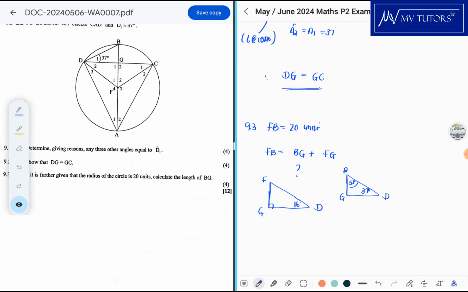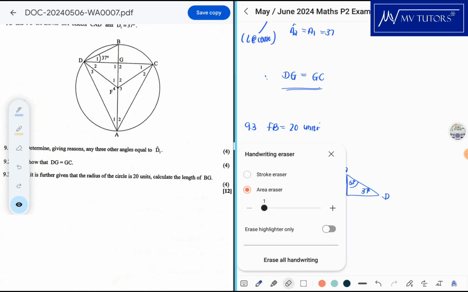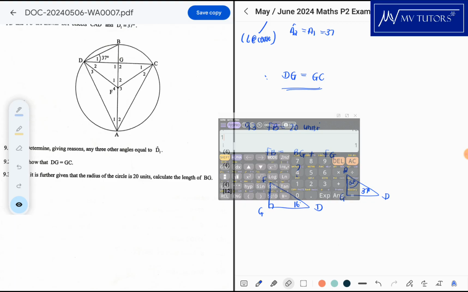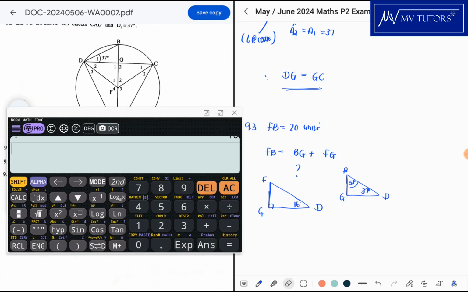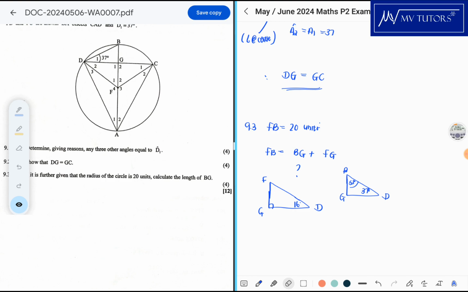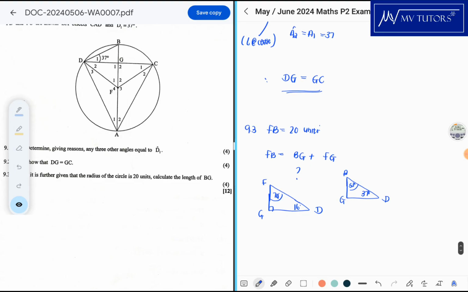So if this is 16, then I know that F has to be, sorry, 74. Yeah, so 90 minus 16, that's 74. Yes, now things are coming together. Oh, my word. I almost had a heart attack. I have to now do things again.